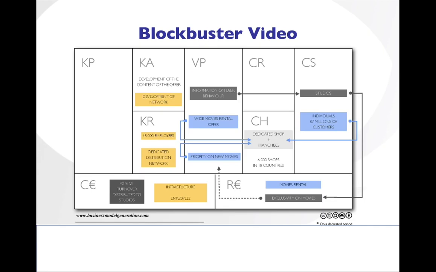Okay, and if we look at the model and where it went wrong there, the loss of revenues, the fact that their value proposition was out of date, that their customer segments were not requiring physical media anymore, and that the channel to market there, the dedicated shop and franchises, people were not going out to shops. They were logging into these sites and downloading videos.